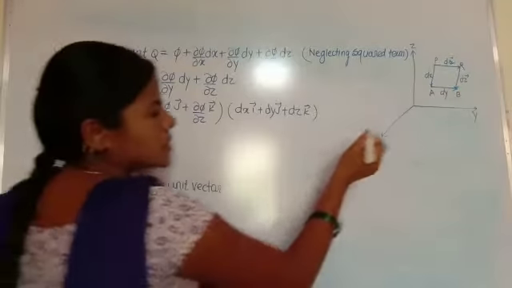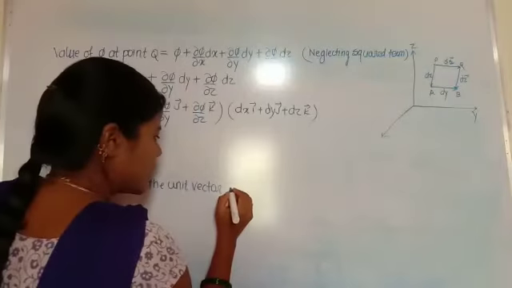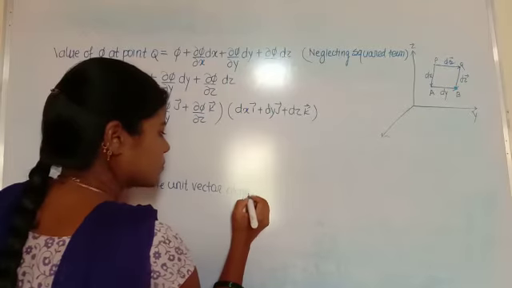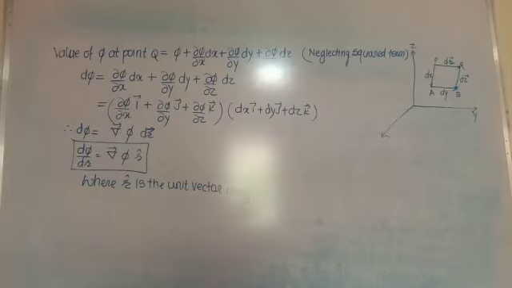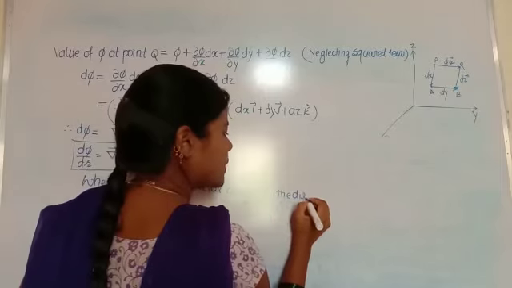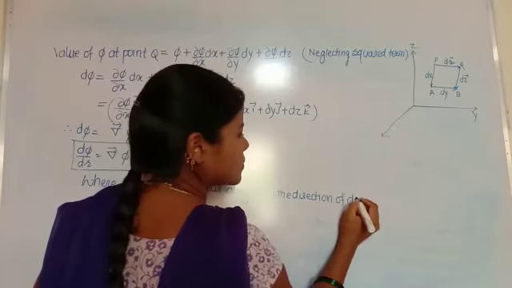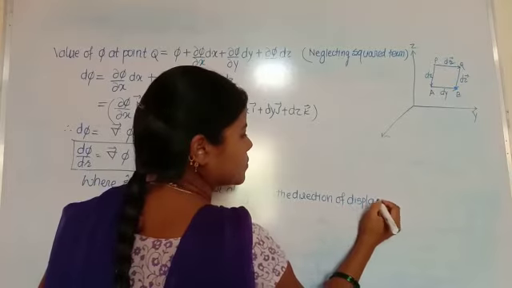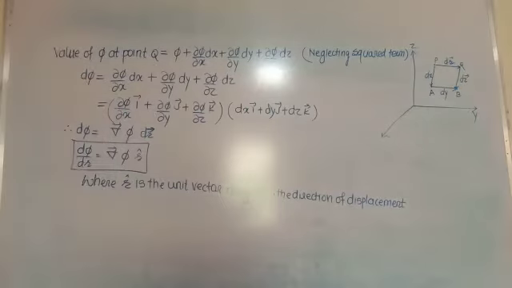along PQ. This is the PQ. So this r is the unit vector along PQ, that is the direction of displacement, okay, direction of displacement.